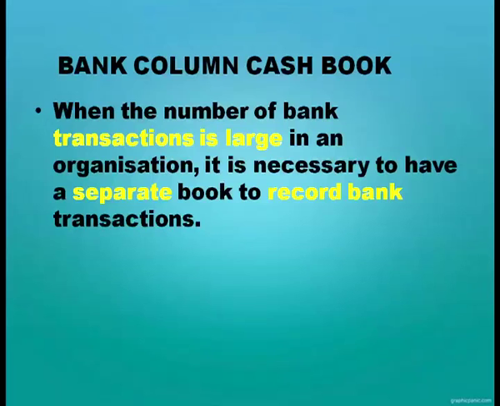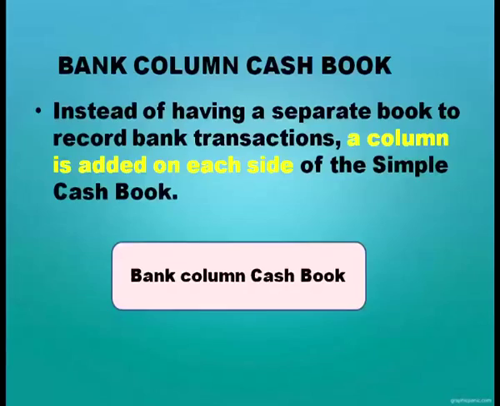Now coming to another type of cash book, that is bank column cash book. When the number of bank transactions is large in an organization, it is necessary to have a separate book to record bank transactions. Instead of having a separate book to record bank transactions, a column is added on each side of the simple cash book, that is bank column cash book.